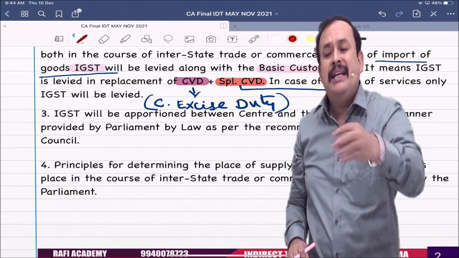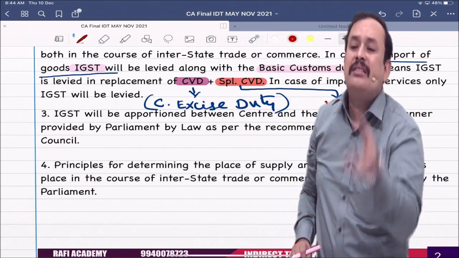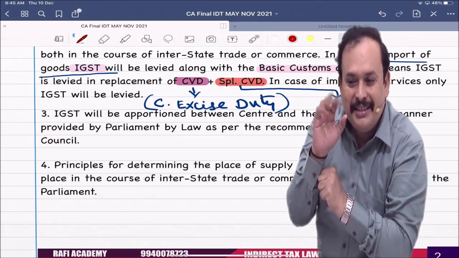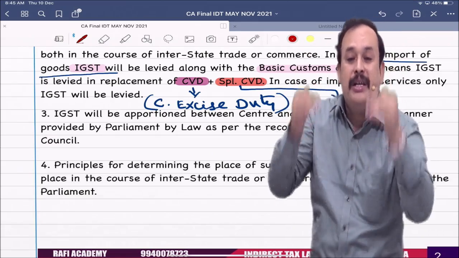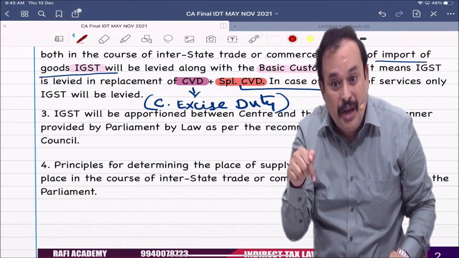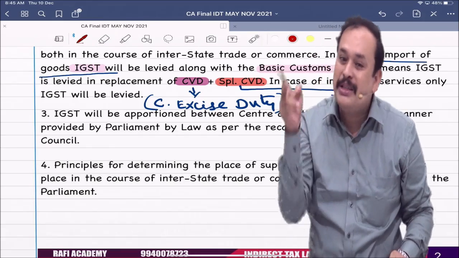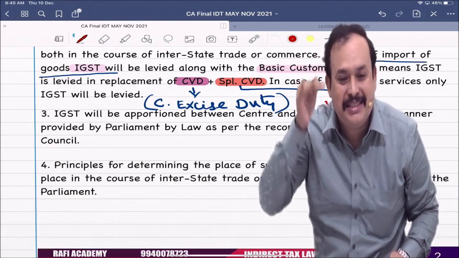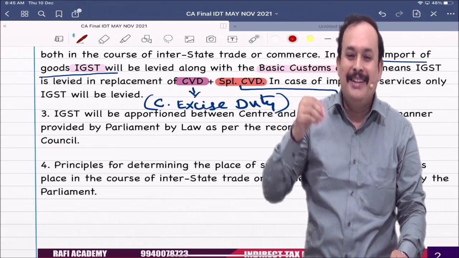Now the VAT and excise duty have been removed or subsumed and named as GST. Got the clarity? That is the reason the government of India today is levying IGST in replacement of CVD and special CVD to protect the interest of the Indian manufacturers in India especially. Got the clarity, my dear?